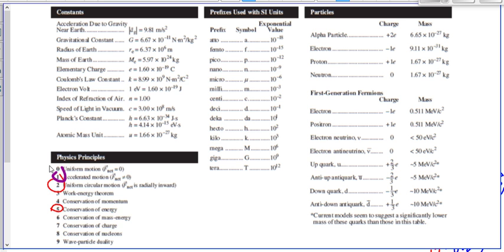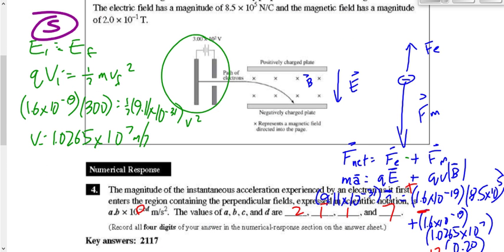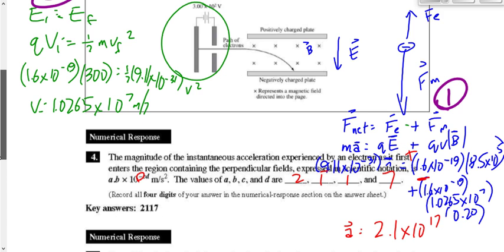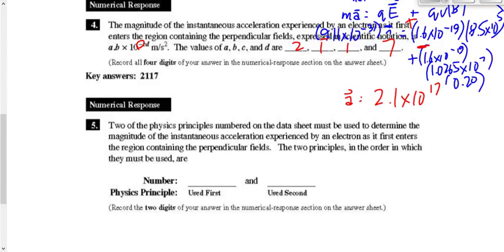So we're going to say this one is principle 5 and principle 1. Which one am I going to list first? In order, right? Used first, is it principle 5 or principle 1? Number 1 got me the answer. List that second. Number 5, I don't care what order you really did it in.